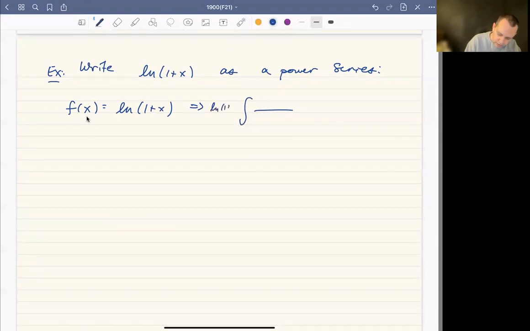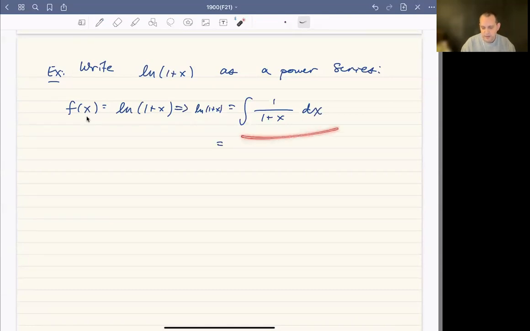So natural log of 1 plus x is the integral of the derivative of the natural log of 1 plus x, because integrating the derivative undoes both of those operations. They're inverses based on the fundamental theorem of calculus. And what this means is that if I can evaluate this integral and write it as a series, then we have a series representation for the natural log of 1 plus x.